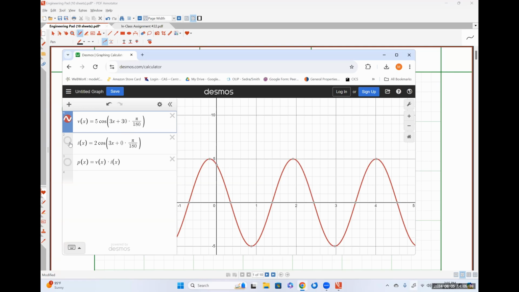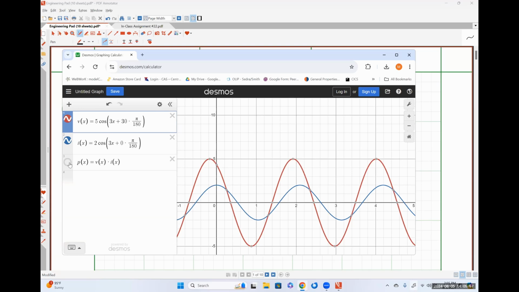So let's look at things real quick. Here's my voltage waveform, sinusoidally oscillating from positive 5 volts to negative 5 volts. And we can see that it does indeed have a positive 30-degree phase shift because our signal hits its peak value slightly before t is equal to 0. When I turn on my current, we can see that our current is slightly lagging our voltage waveform.